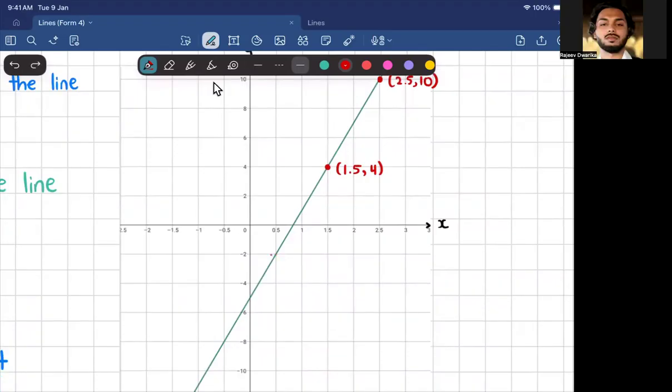Big up yourself. Right. And there's one more nice point. Minus 0.5 and minus 6. Yep. So which 2 points do I want to choose?